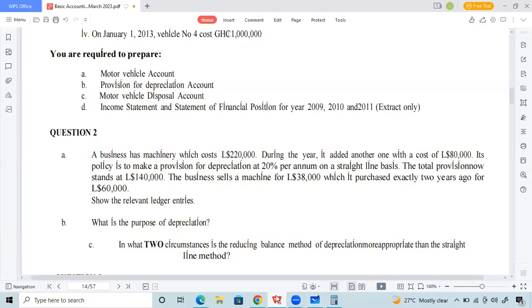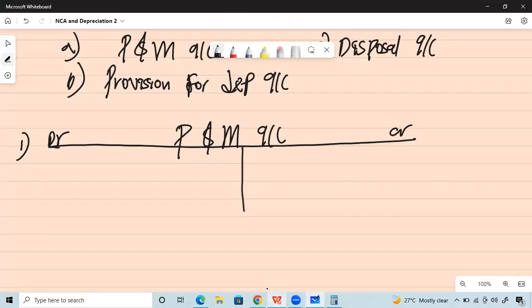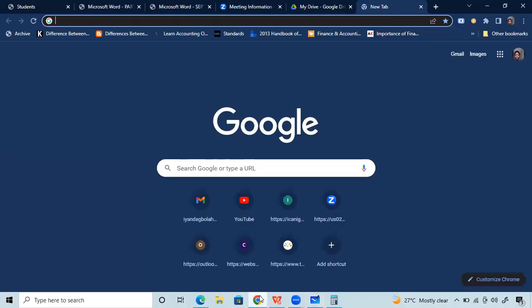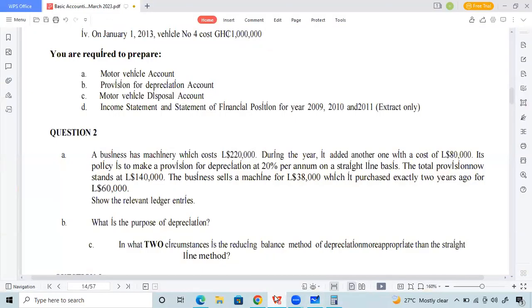So let's say a business has a machinery. That means this already existed before. This is 220. A business has a machinery, which is this.